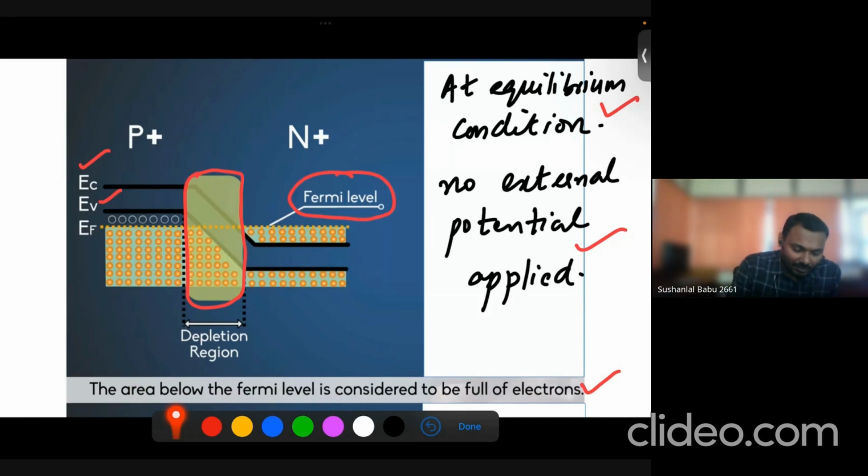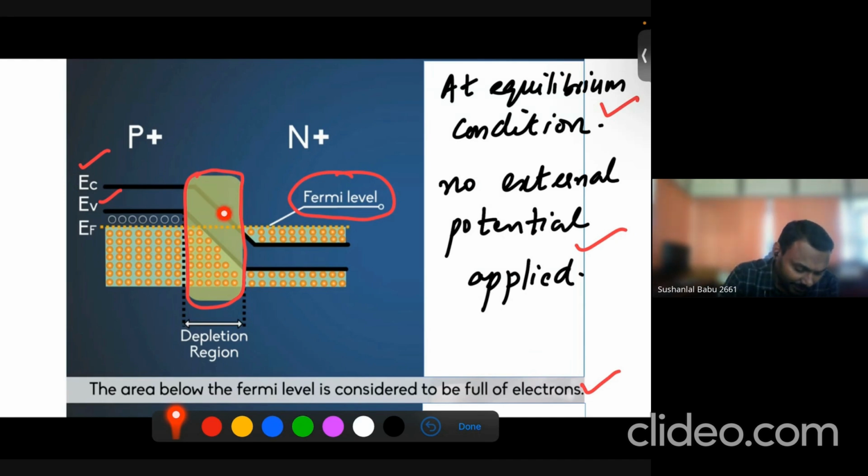Actually, we have to increase this. So this is the conduction band. The electron population has to be very high in the conduction band, inside the depletion region, for the lasing action to happen. That is important.